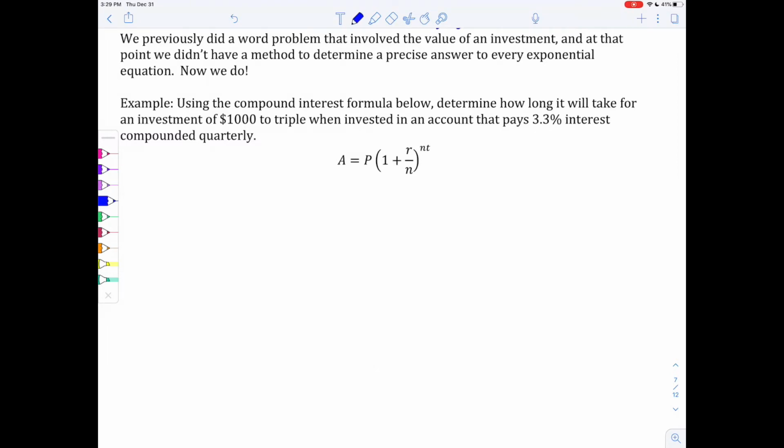Anyways, we want this thing to triple. So it's initially $1,000. We want it to triple, so we want A to be 3,000. This tells us that our principal amount is 1,000. Your interest rate is 3.3%, compounded quarterly, so that's 4 times per year.